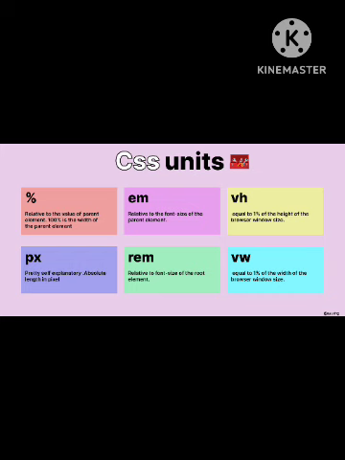So Vmin will consider the height, and if I write 1 Vmin, it will take 8 pixel. And if I write 1 Vmax, it will consider the width, and 1% of width is 10 pixel.